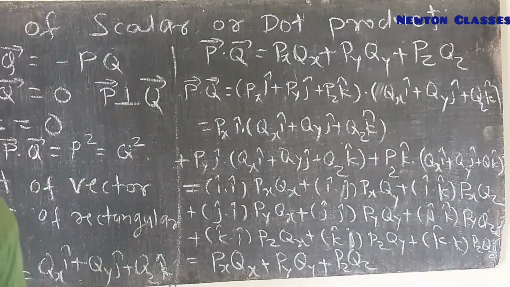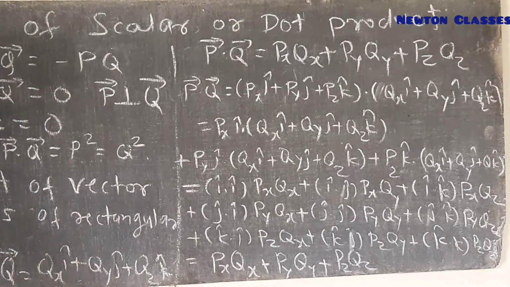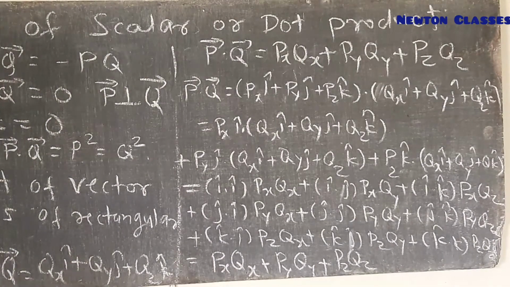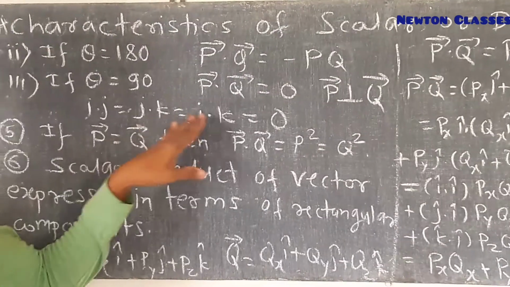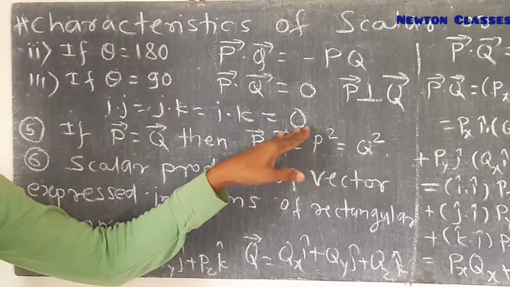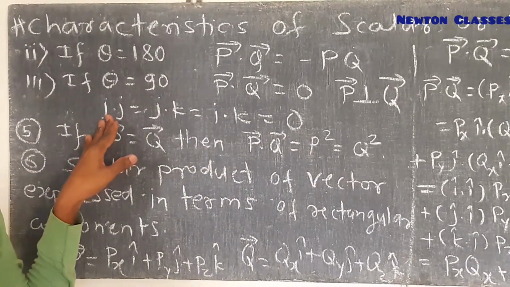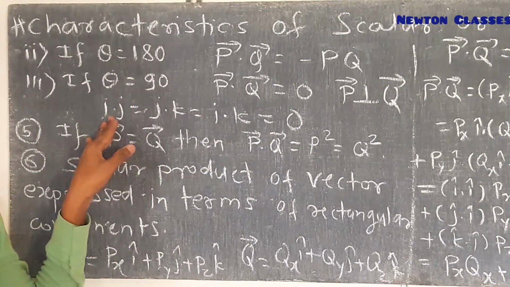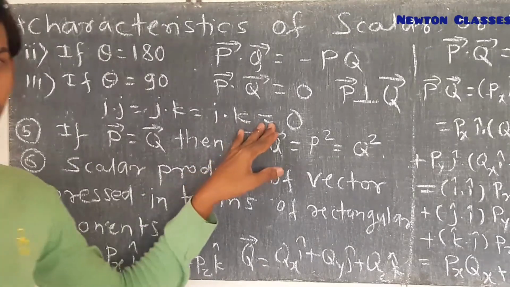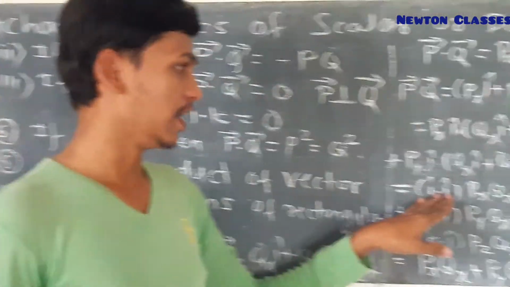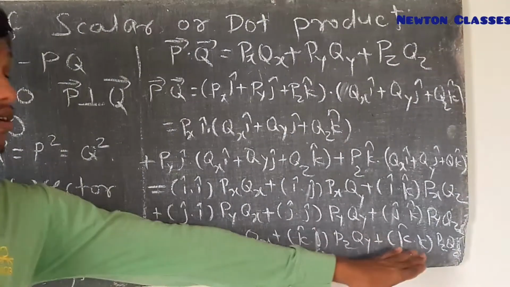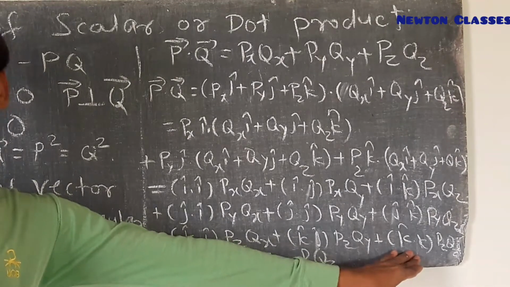Now remember, we have already shown that the dot products i dot j, j dot k and i dot k are equal to 0. Means if two vectors are different, then their dot product is equal to 0, and if two vectors are equal, that is i dot i, j dot j and k dot k, they are equal to 1.